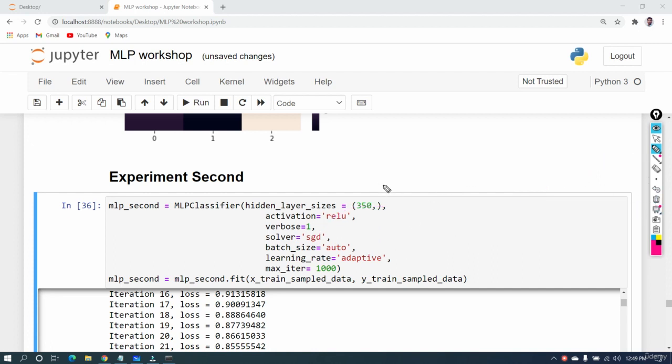Adaptive means that the learning rate changes as the model goes: as the model tries to converge to the minimum point, the learning rate should be smaller and smaller.